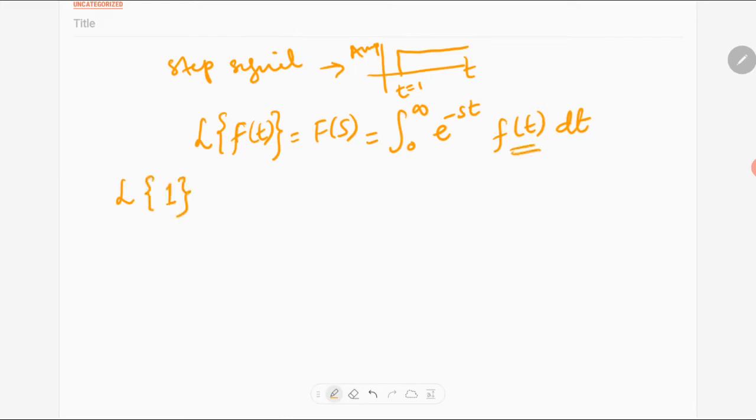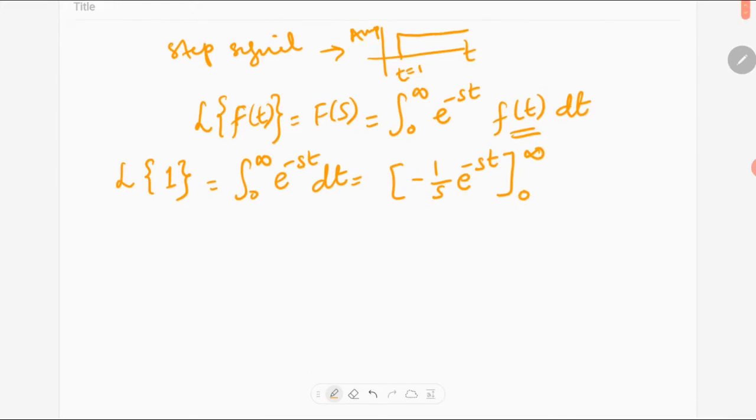The Laplace transform of the step signal 1 would be the integral from 0 to infinity of e power minus st dt. If you integrate e power minus st, it will be minus 1 over s times e power minus st, and these are the limits within which we have to do the integration.